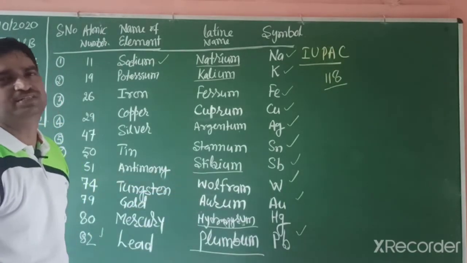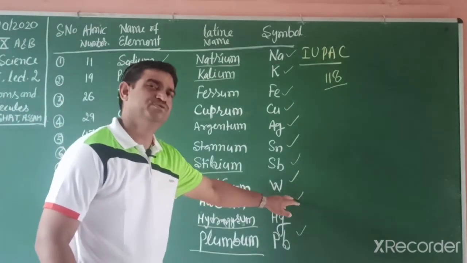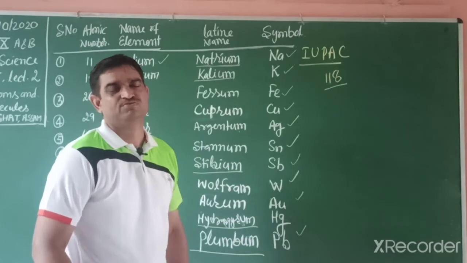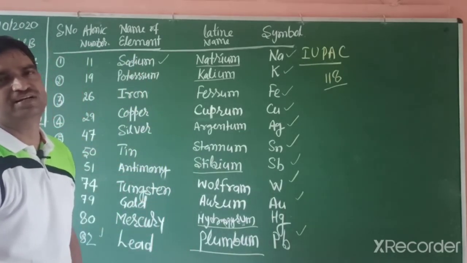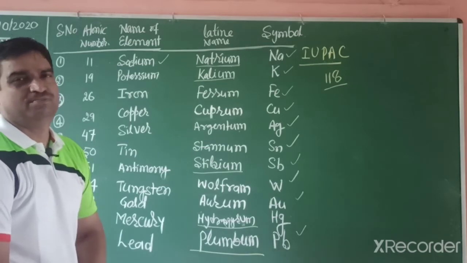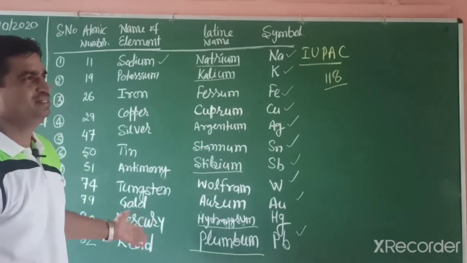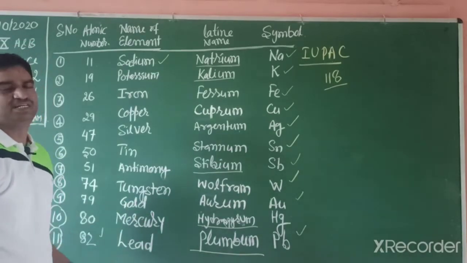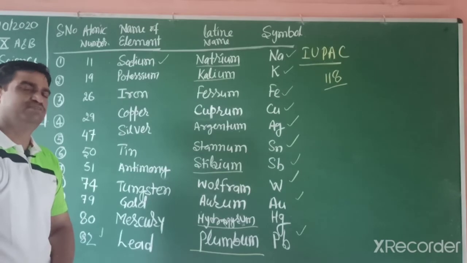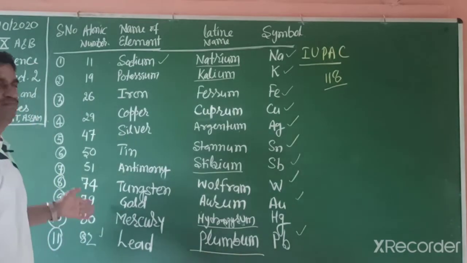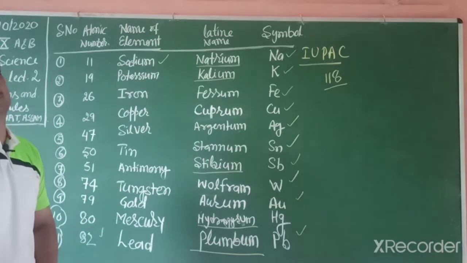Students imagine the symbol is T, but the tungsten symbol is W, because the Latin name is wolfram. So you should learn all these elements with their Latin names and symbols, write them in your notebook and revise from time to time. Then definitely after 2-3 days you can learn these symbols with Latin names, and you should remember the atomic numbers also. In 11th class they are useful.